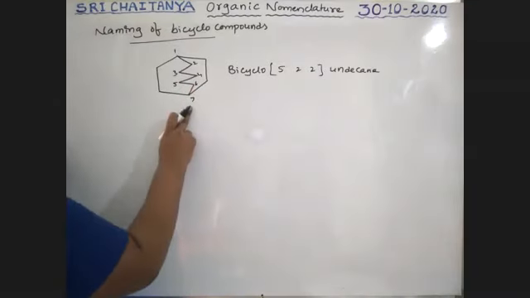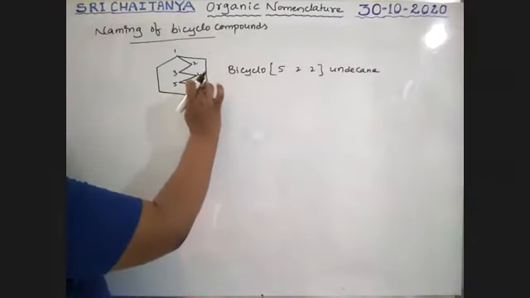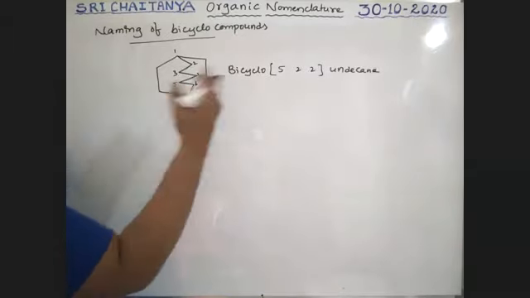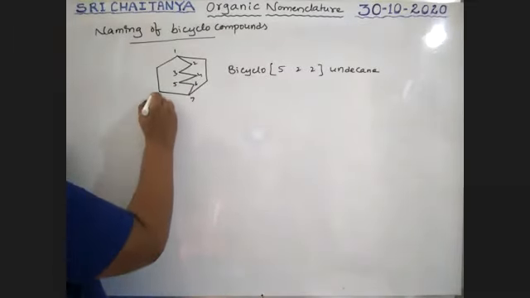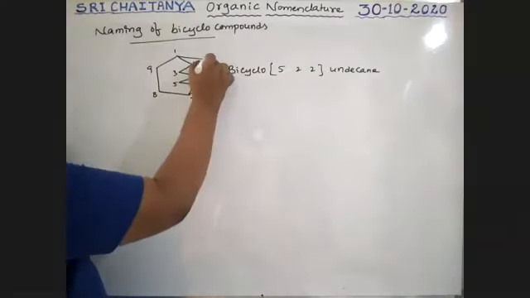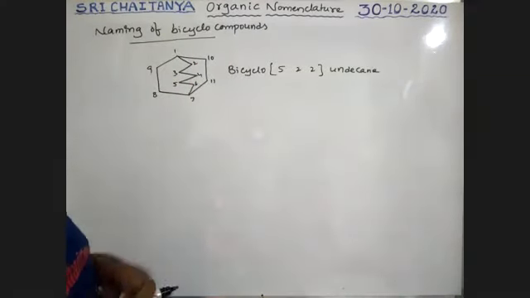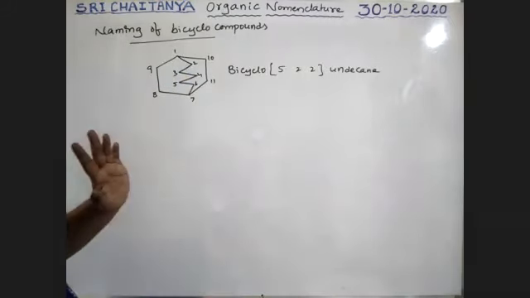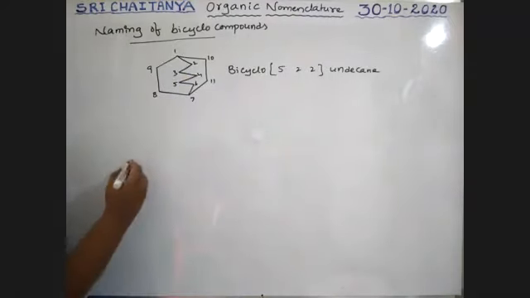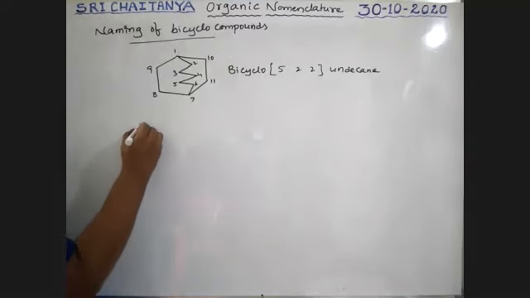After that, here two carbons, anything is used. So therefore 8, 9, 10, 11. Anything is used. Next, see here, I'm writing what is the name of this compound.